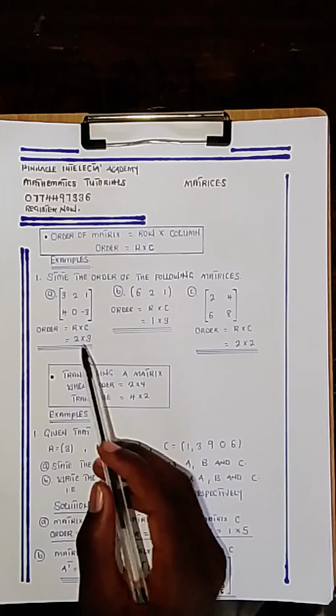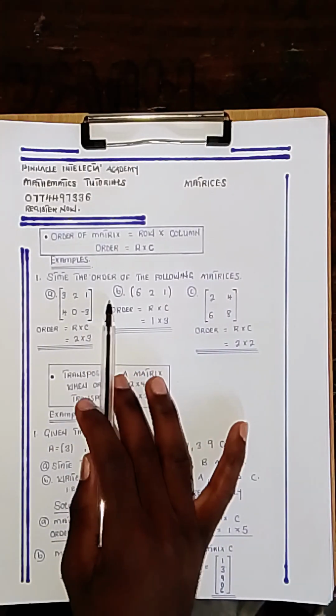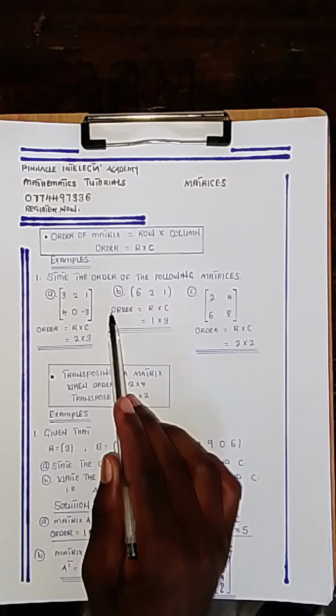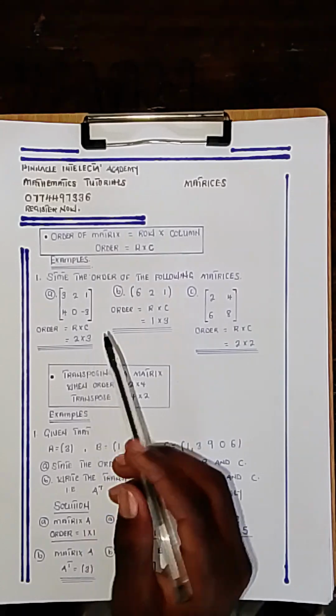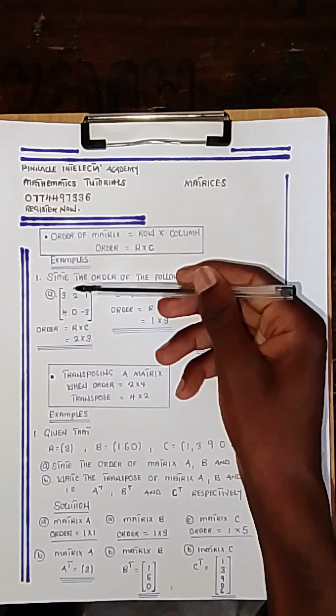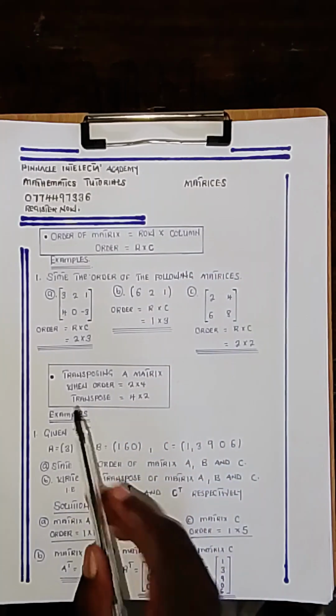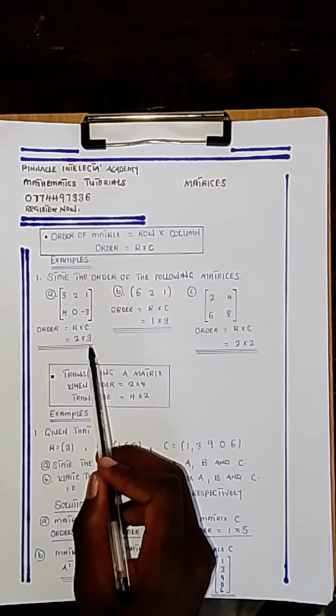So for the order of this matrix, how many rows do we have? We have 1 and 2. So we have 2 rows and 3 columns: 1, 2, 3. So the order is 2 by 3.